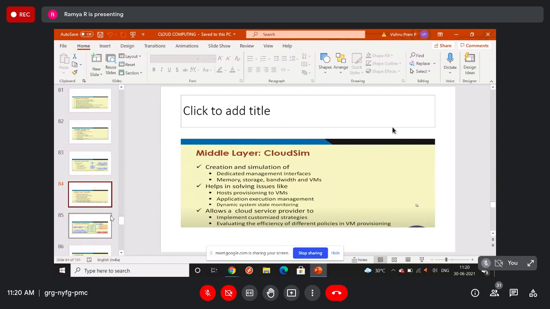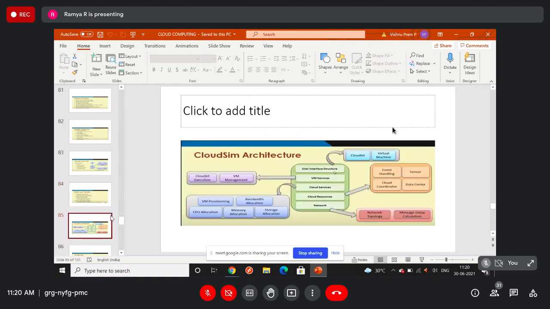It also allows creation and simulation of dedicated management interfaces, and allows a cloud service provider to implement and customize strategies. In this CloudSim architecture we have different things like virtual management, virtual provisioning and bandwidth allocation. This is how exactly CloudSim looks, with these three layers combined.